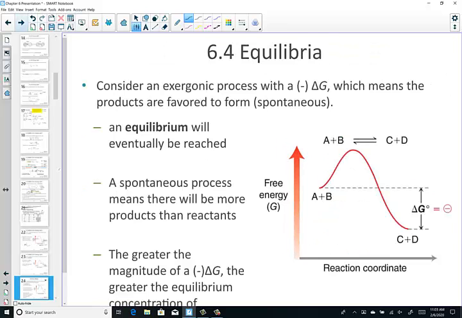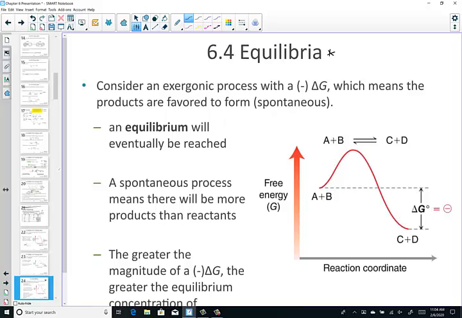So let's kind of talk through a little bit about what would create a spontaneous reaction in the forward direction. We need a negative delta G. If we had a positive delta G, think of that as being spontaneous, but in the reverse direction. And if we're at equilibrium, we actually have 0 as the delta G value.